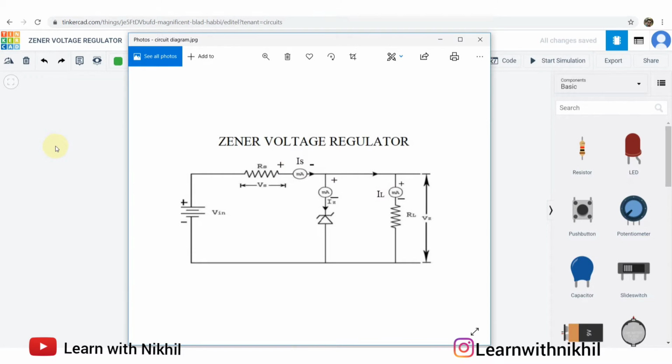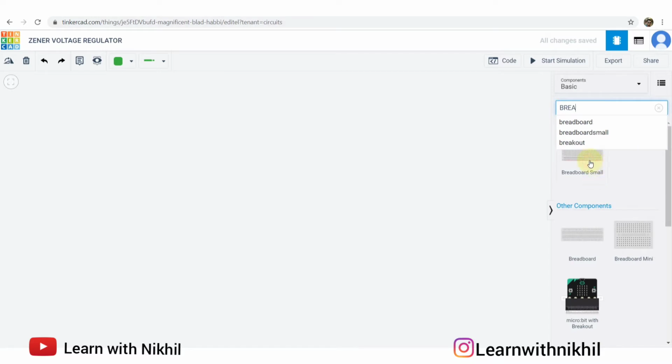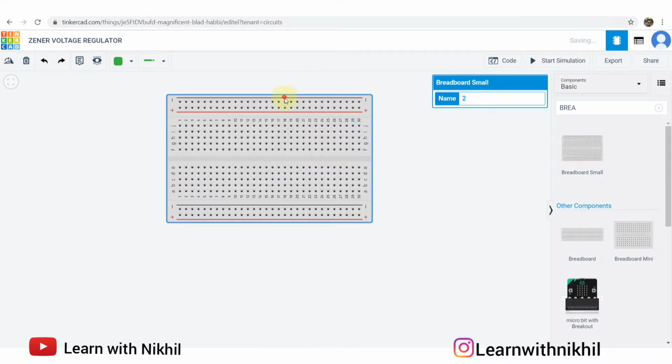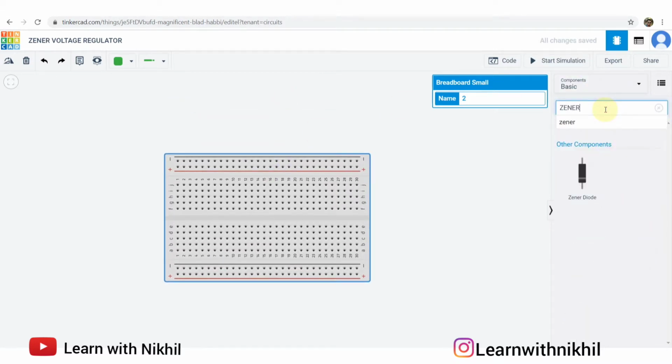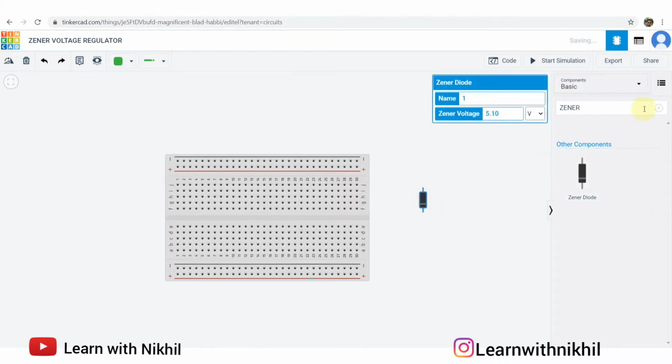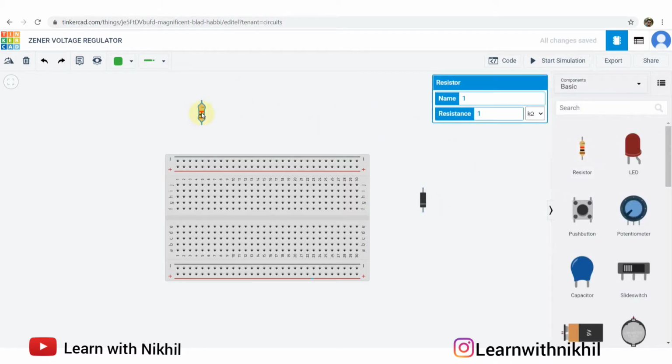Now let's begin with constructing this circuit. So first we'll take a breadboard. We'll require a Zener diode. We'll require two resistors. We'll require an input power supply.